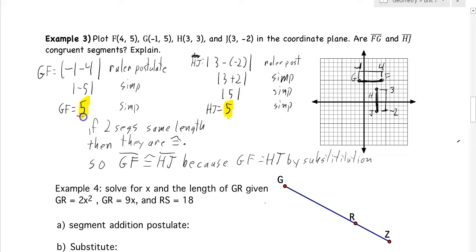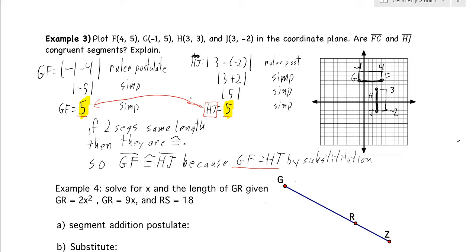So if we change this 5 into what we know this 5 is equal to, that's where we get GF equals HJ. That's substitution. It's a little strange to see variables like HJ replacing the numbers, but it's still substitution. It's still doing that same concept from Algebra 1, replacing something with what you know it's equal to.